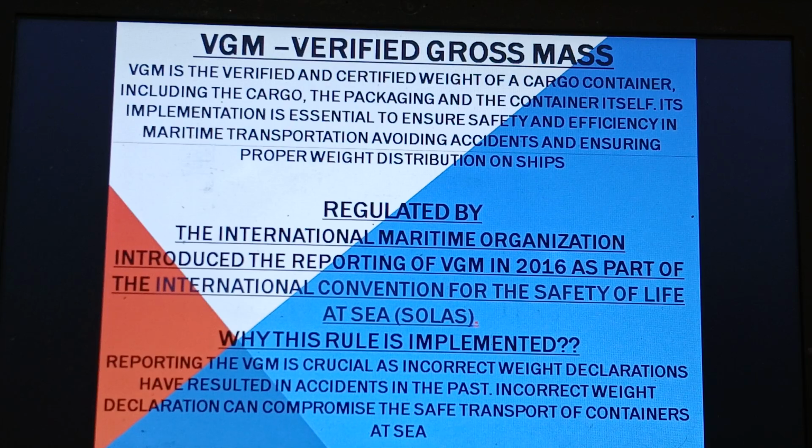SOLAS stands for Safety of Life at Sea. Anyone can ask you when VGM was regulated; you can answer 2016. And what is the regulatory body? The International Maritime Organization introduced it in 2016.